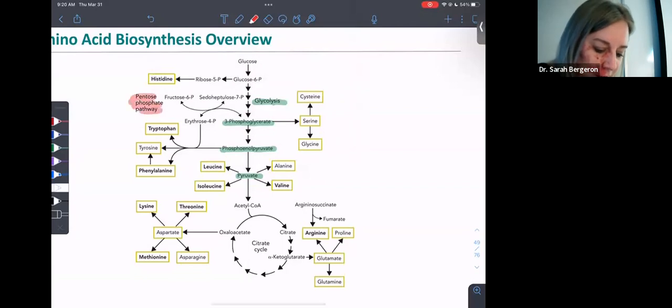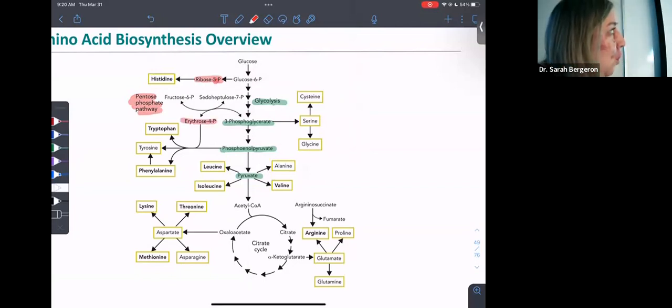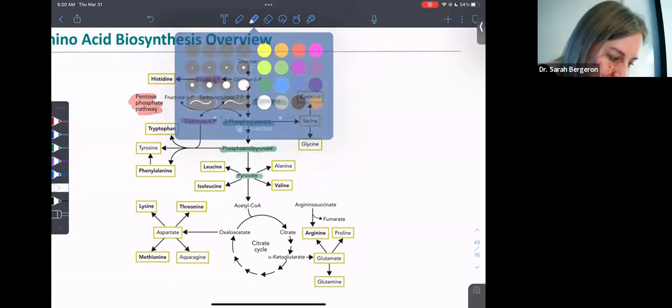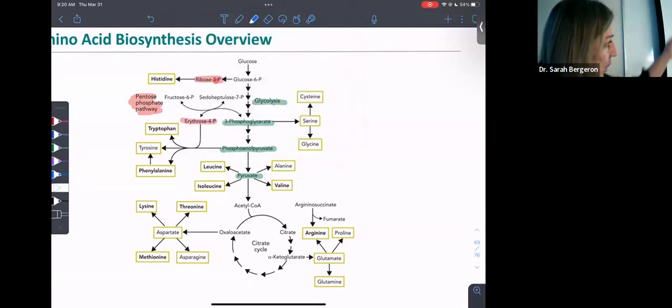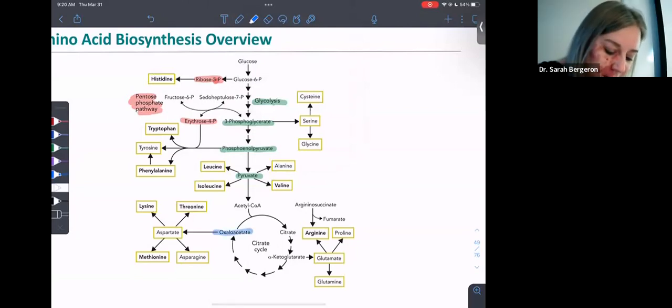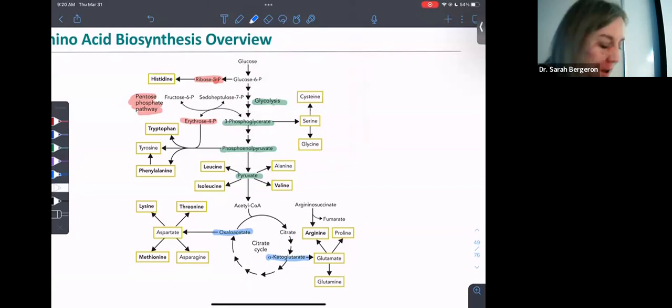Pentose phosphate. So where's pentose phosphate? What are our 2 intermediates? Ribose 5-phosphate and erythrose 4-phosphate. And then what did I say? Blue is citrate. So go down to the bottom. Our citrate intermediates are oxaloacetate and alpha-ketoglutarate.